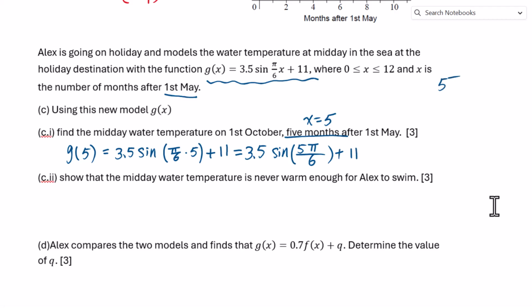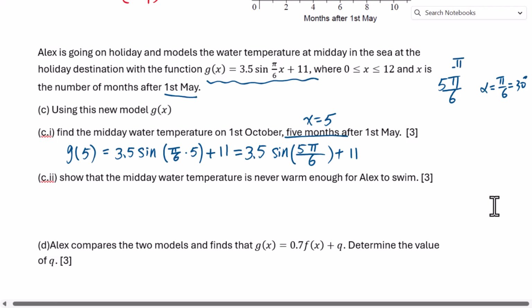We know the reference angle of 5π/6 is π/6, which equals 30 degrees. 5π/6 is in the second quadrant.